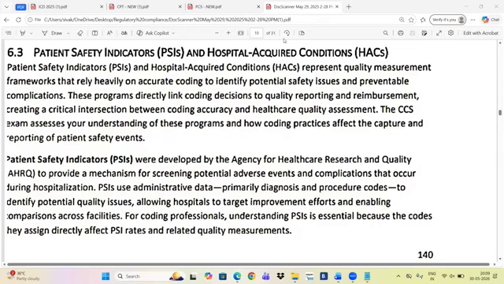Suppose you are admitted to one hospital for the treatment of respiratory failure. During that treatment, you get some adverse events. So did they do proper treatment? No, right? Suppose you are admitted for surgery.